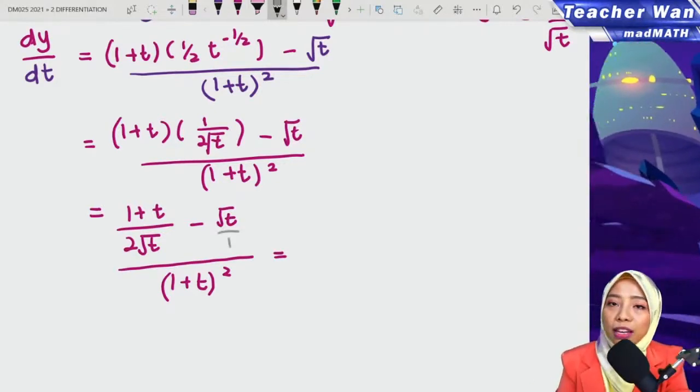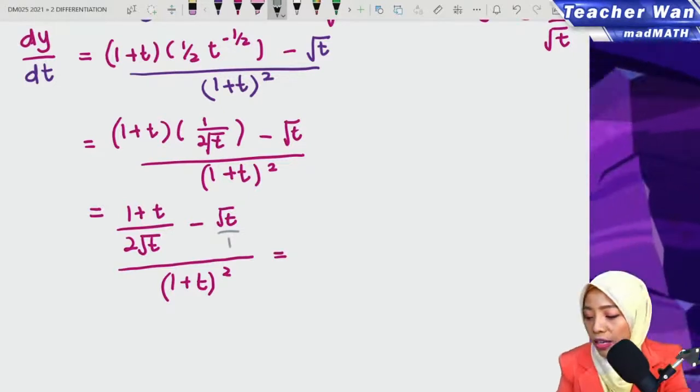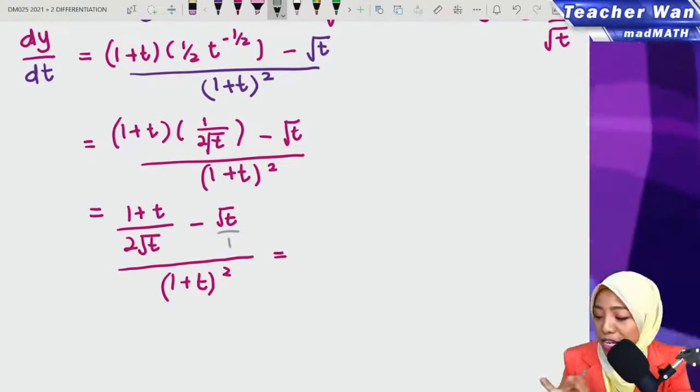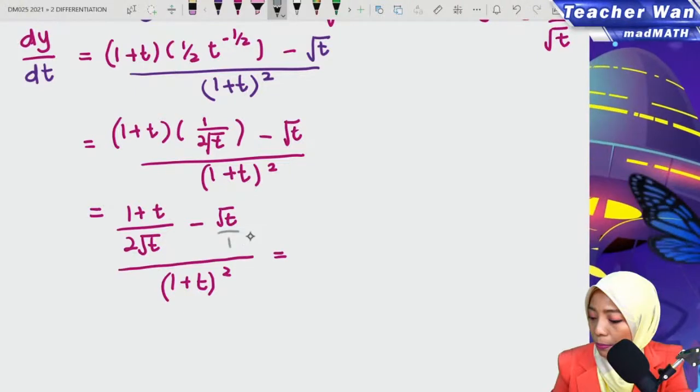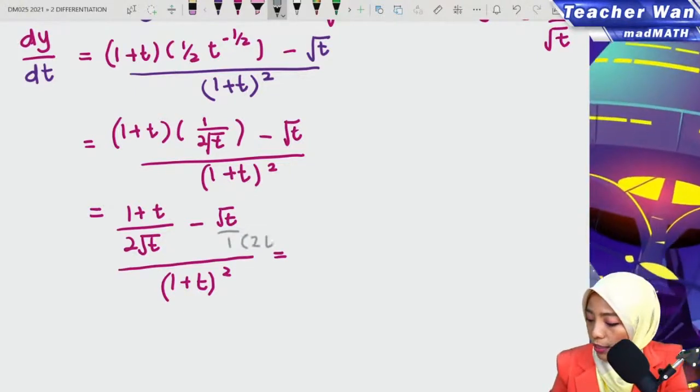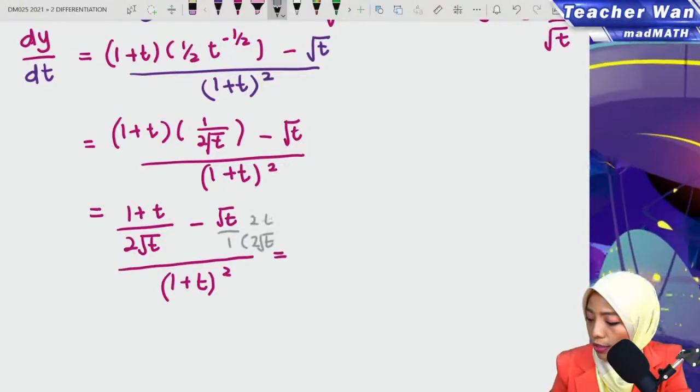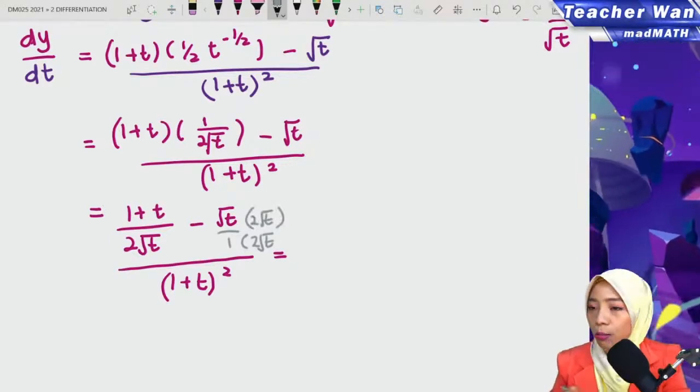Now this is over with 1, so we have to equalize the denominator. We have to find a common denominator, which is multiply with 2 root t, top and bottom.